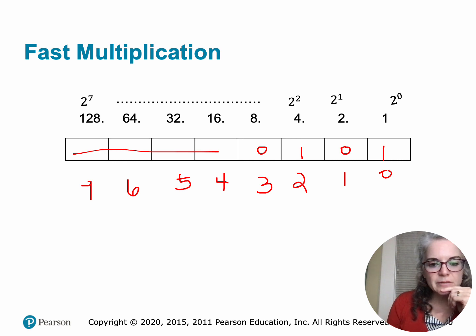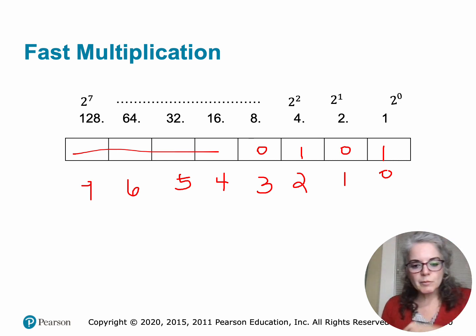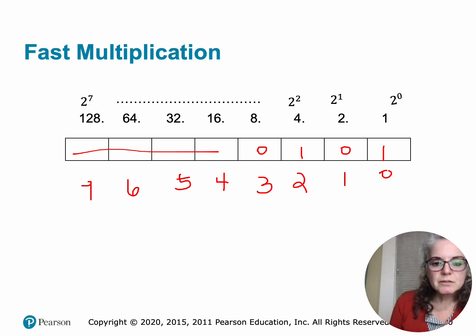So all I have to do is add the 1 plus the 4. And this binary number, 0, 0, 1, 0, 1, is a 5 in decimal, because this one is worth 1, and this position is worth 4. So 4 plus 1 is 5.